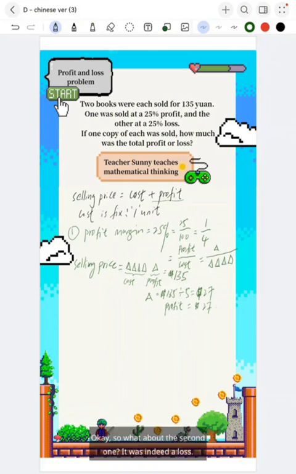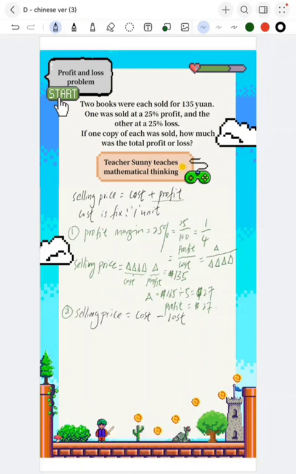Okay, so what about the second one? It was a loss. The second one was sold at a 25% loss, which means its selling price is equal to the cost minus the loss. It's the same principle.